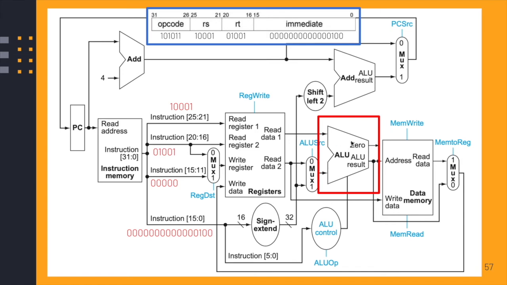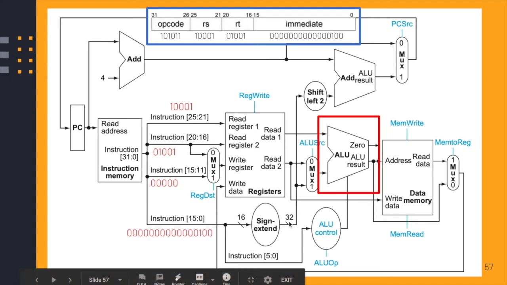As you can see, the first input to the ALU is the value of register RS, which is the base address. The second input to the ALU will be what? Will it be the value of register RT, which contains the data I want to store to the data memory, or the immediate offset I got from the sign extend module?